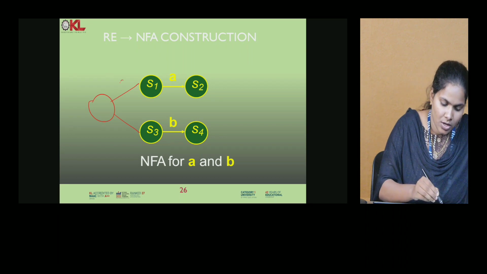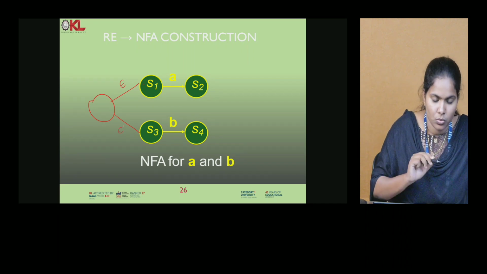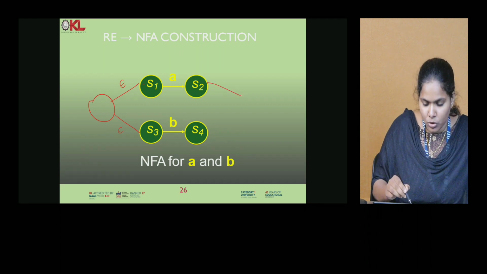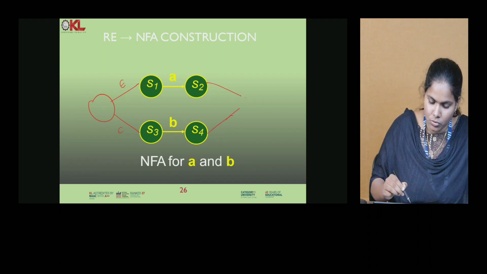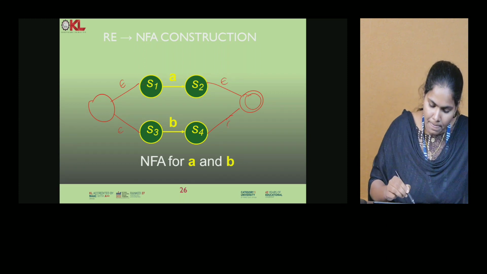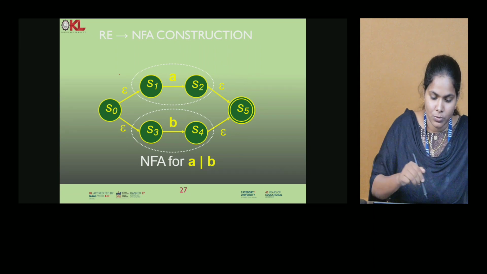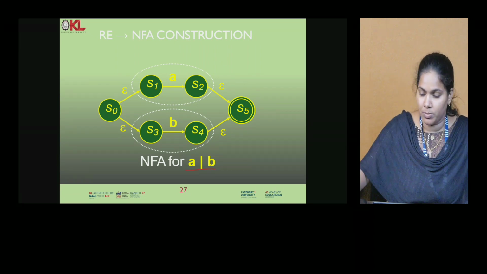Here you may take an epsilon move from this state to this state or to that state, and these two should end in one accepting state, so these may be epsilon moves. So this is the Thompson construction for A or B.